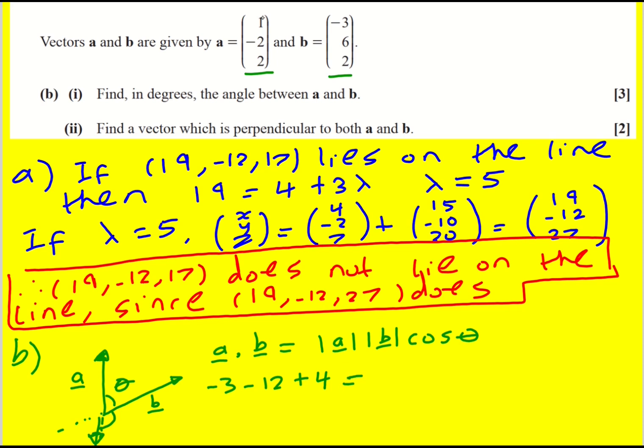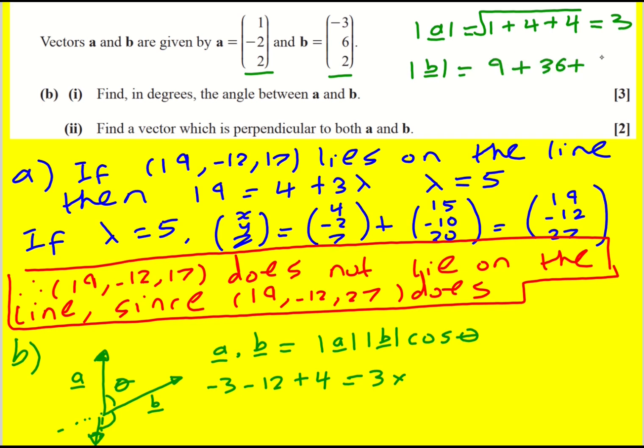That must equal the magnitude of A, which I can use 3D Pythagoras for, so just 1 squared plus minus 2 squared, that's 4, plus 2 squared, that gives me root 9 or 3. Magnitude of B is then minus 3 squared, plus 6 squared, plus 2 squared. Gives me root 49 or 7.